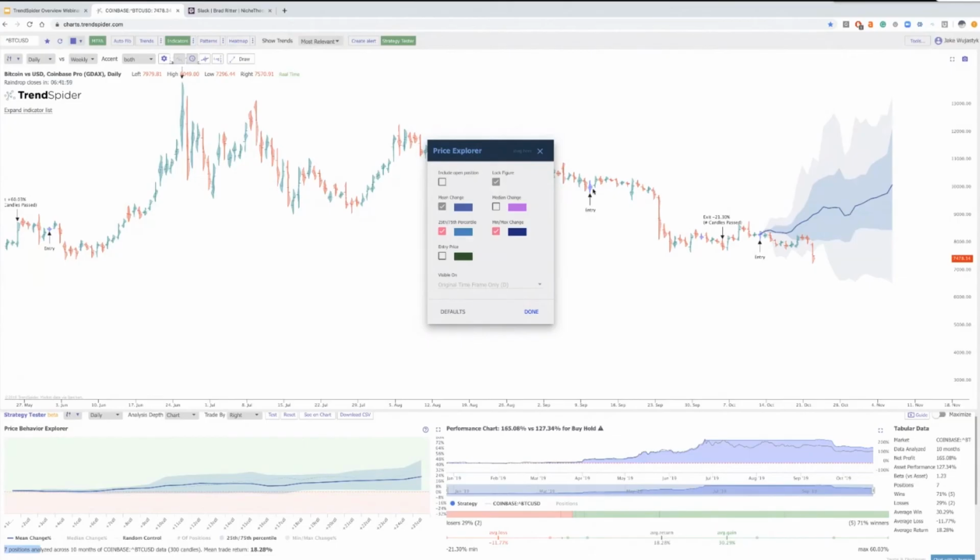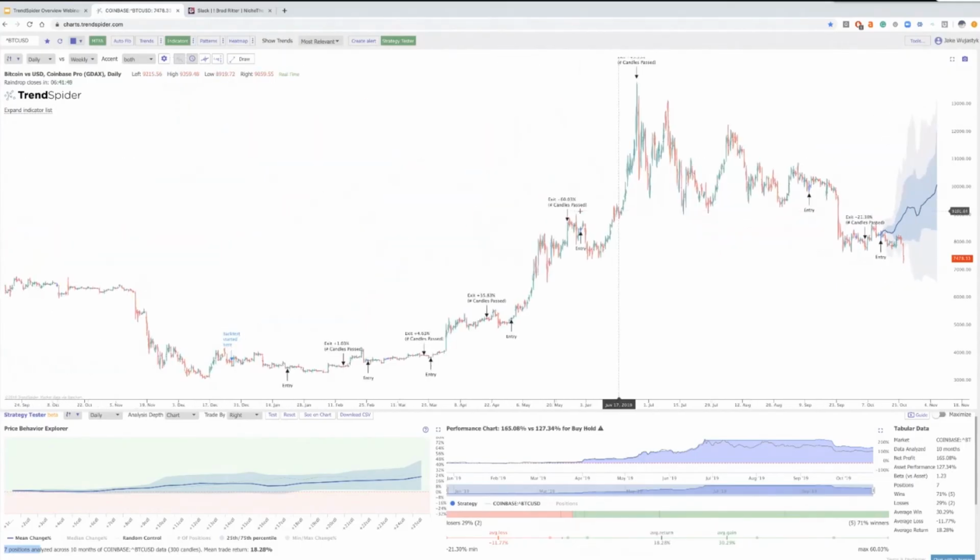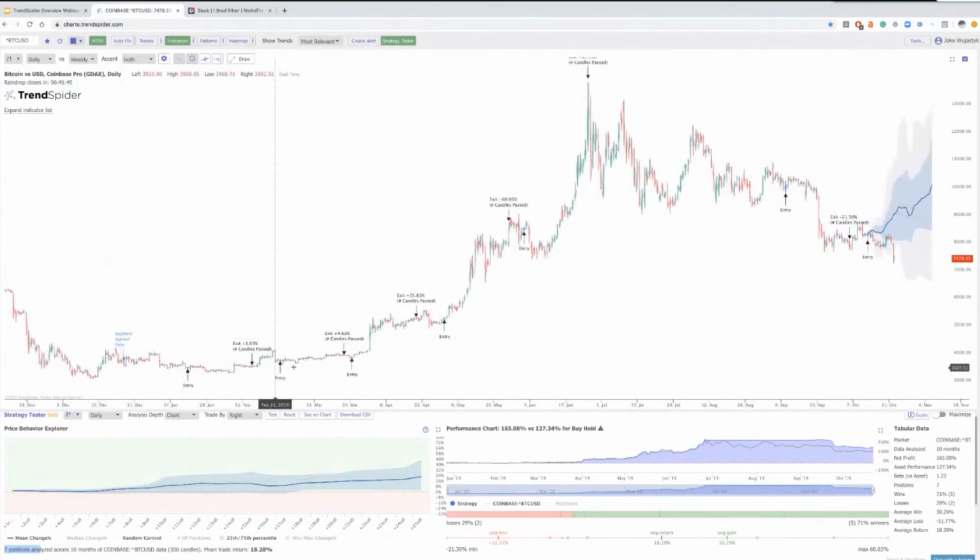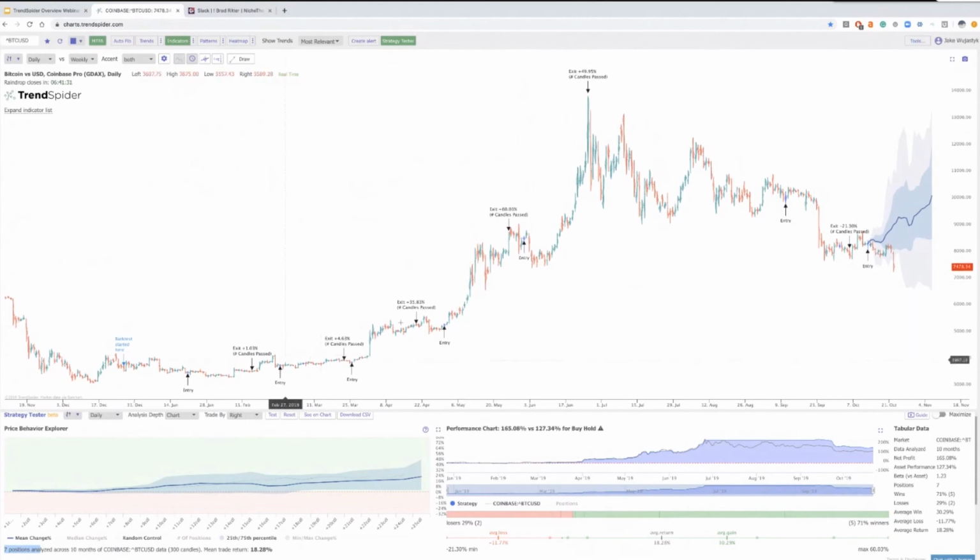Now that we're in a downtrend, it's pretty natural for this move to be the biggest performer to the downside, because all of the previous moves in the backtest were to the upside. So it's expected that this downtrend move is near the bottom of the moves for the previous ones.